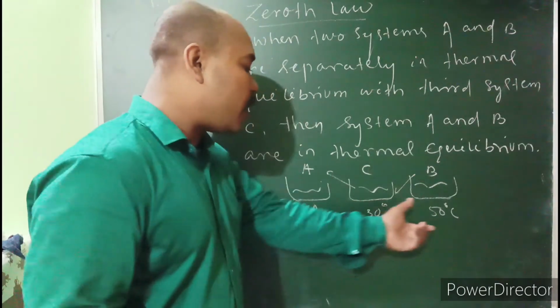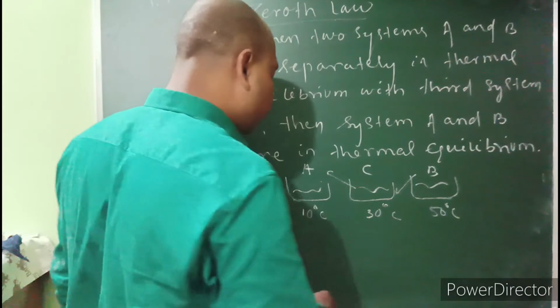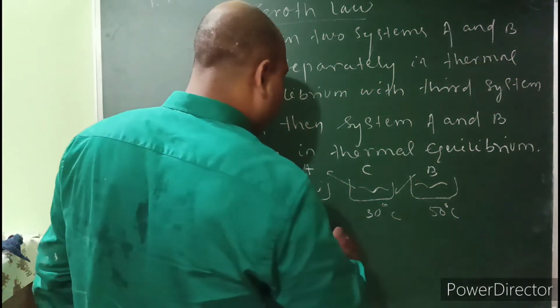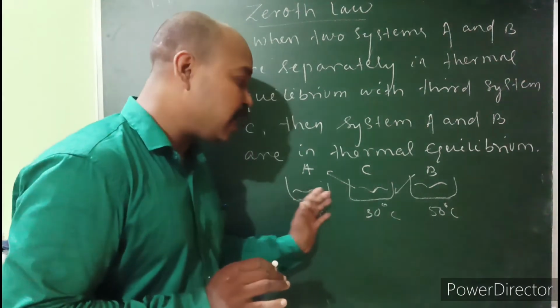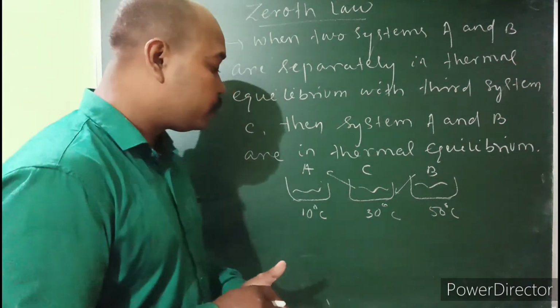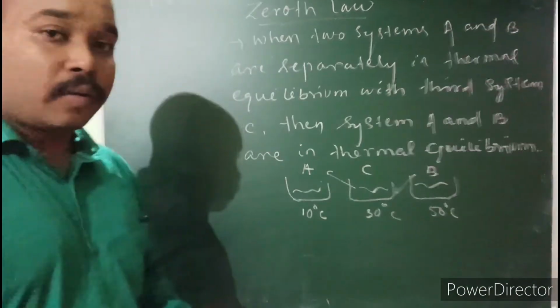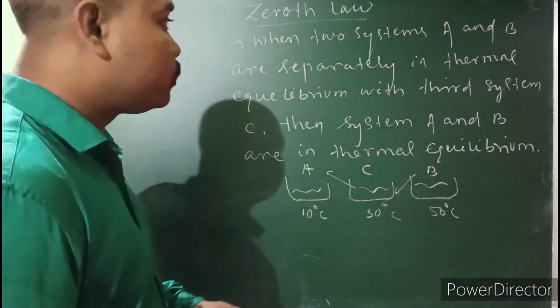That will be near about the average, 80-90 by 3, around 30 degrees Celsius. I think all will get around 25-30 degrees Celsius in each case. This is all about the zeroth law.